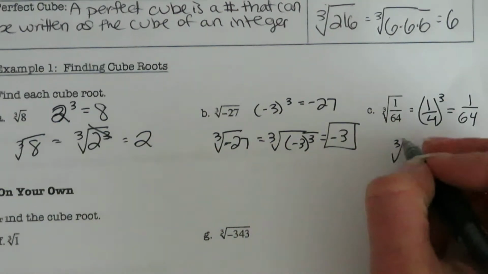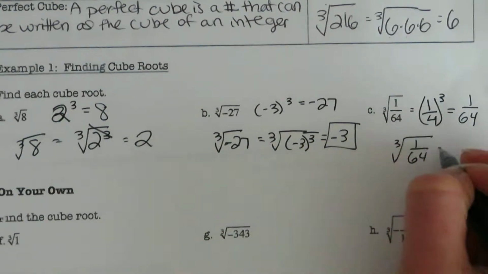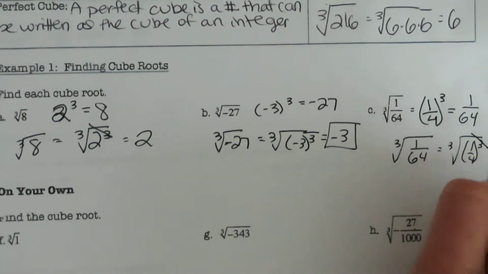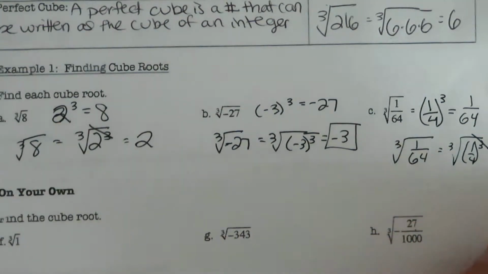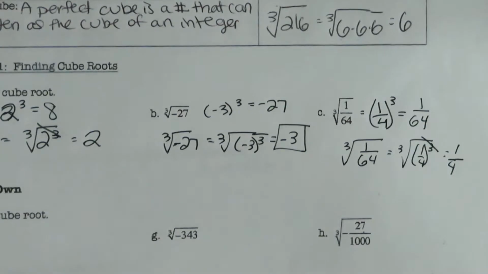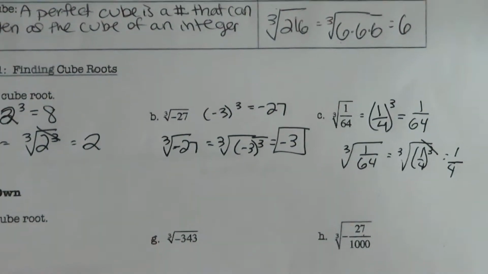So the cube root of 1/64th is the cube root of 1/4 cubed, which equals 1/4. There we go. All right, on your own, try the next 3.